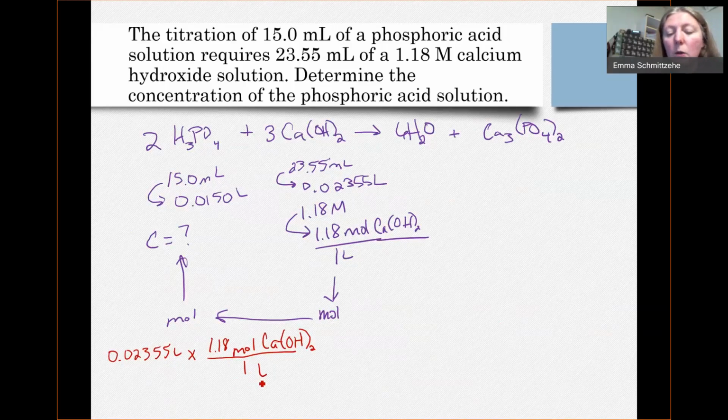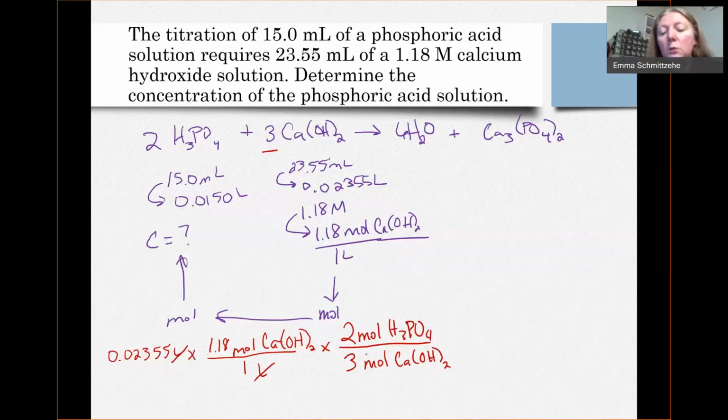And then we can convert the moles of calcium hydroxide to moles of phosphoric acid by using the balanced chemical equation. So a 3 with the calcium hydroxide and a 2 with the phosphoric acid.